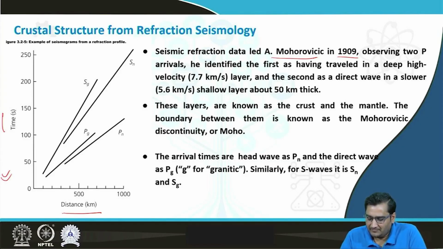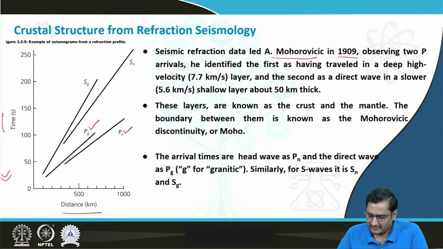traveling in the deep high velocity layer with a velocity of 7.7 kilometers per second, and there was a second wave that he observed which was a little slower, and he identified that these may be traveling in the upper layer of the crust. So what were those waves? One was Pg, another one was Pn.